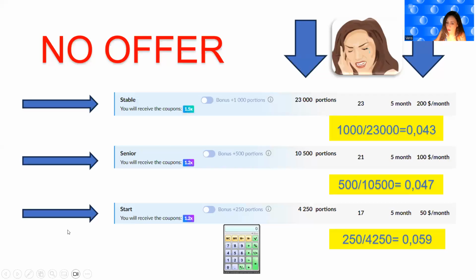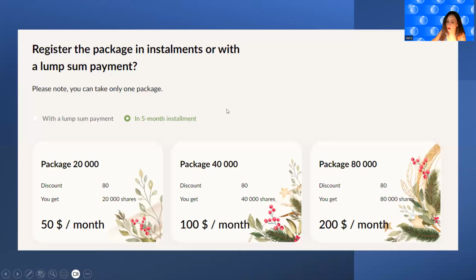What is this difference? With no offer, you only can get the same amount, for example, with the package $1,000 in 5 installments, you can acquire only 23,000 shares. But remember, through the short New Year promotion, you can get 80,000 shares.